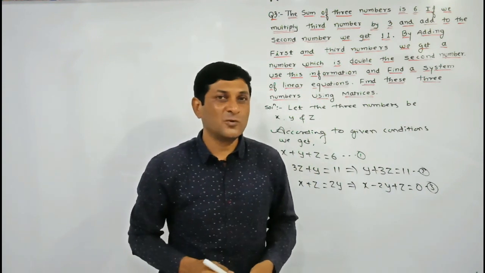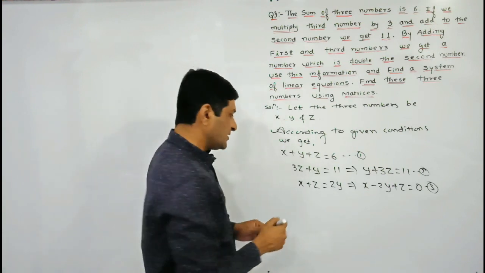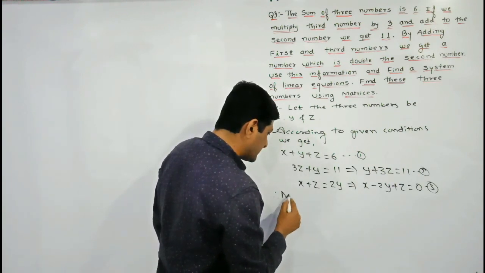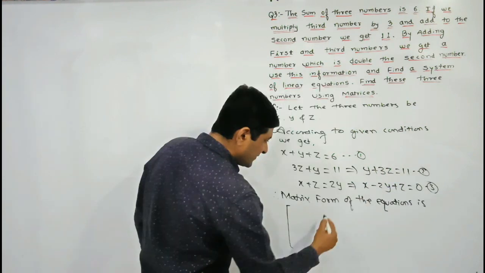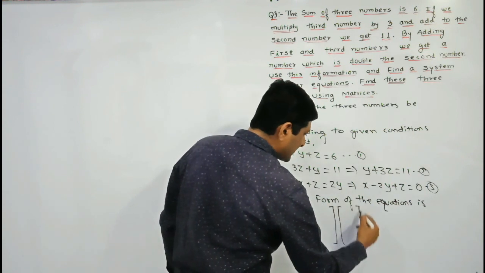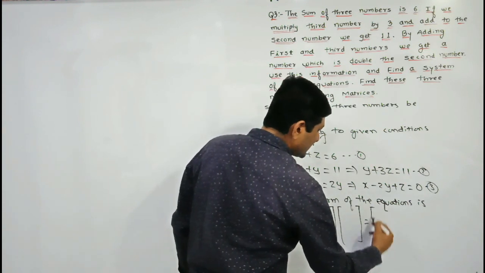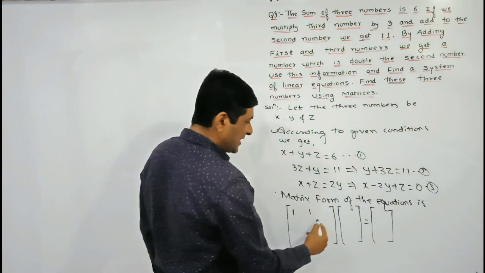Once the equations are known to us, first convert these equations into matrix form. So whenever we write the equations in matrix form, in the first matrix we collect the coefficients of X, Y and Z. Observe, in the first equation the coefficients are 1, 1, 1.